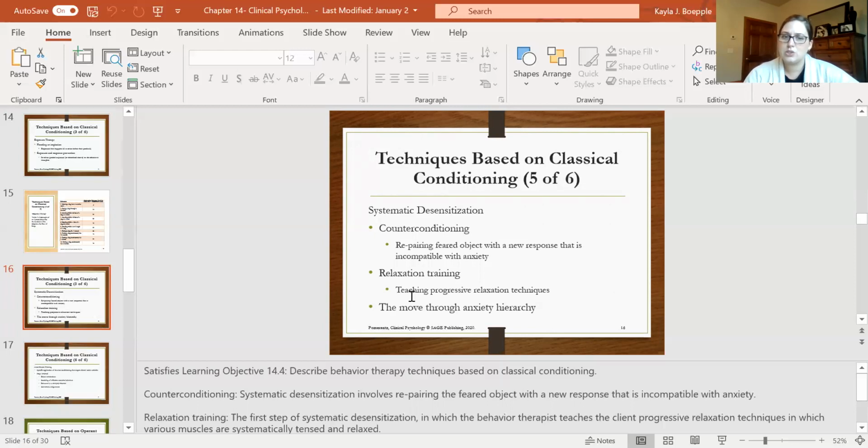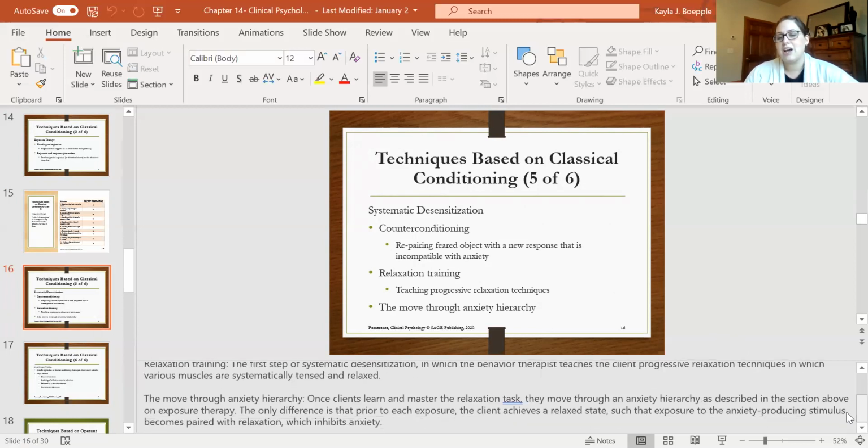We can also do this through relaxation techniques, so teaching progressive relaxation techniques to that person, and moving that person through that anxiety hierarchy. So starting slow and building up over time to more stressful situations while keeping the client calm and relaxed as they move forward.